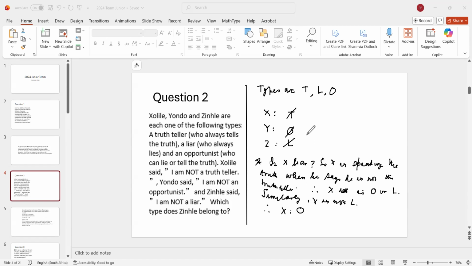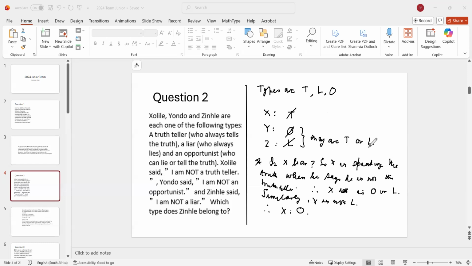So if X is an opportunist, it means that these people, one is T and one is L. Okay, so suppose, let's have a look at Y. Now Y says is not the opportunist.